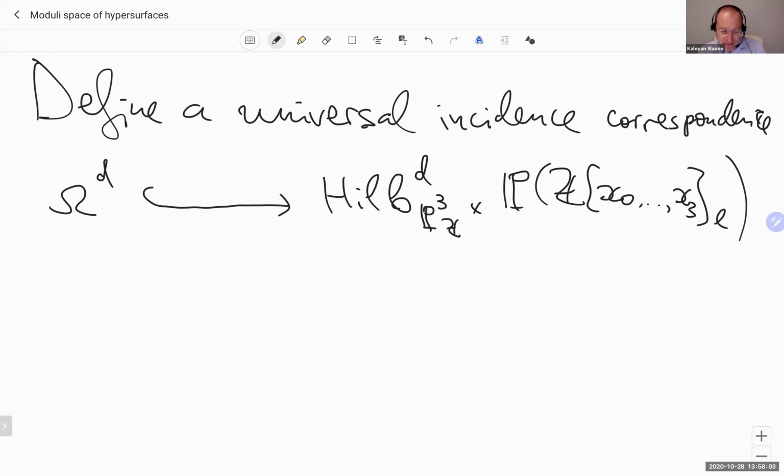It parameterizes pairs of a subscheme, that is to say, something that the Hilbert scheme parameterizes, comma, hypersurface, so that the subscheme is contained in the singular locus of the hypersurface.